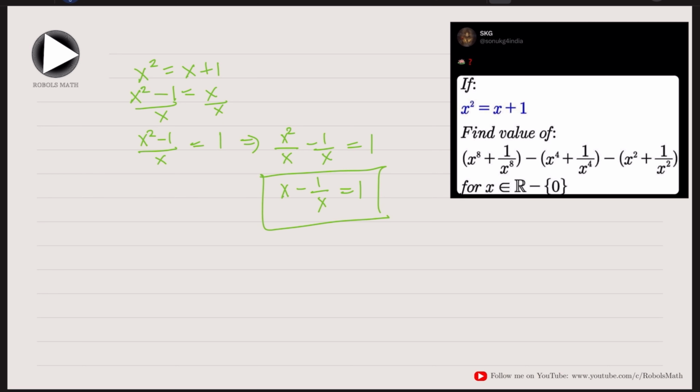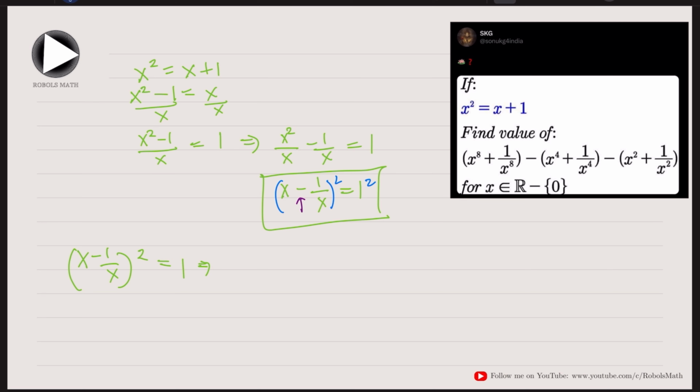Now this is quite, in a way, similar to the expressions that we're looking for, except that the sign here is a minus instead of a plus. We can do something about it by squaring both sides. If we square both sides, the left side will be x minus 1 over x quantity squared. The right side would be 1 squared, which is simply 1. Now the left side is a square of a binomial.